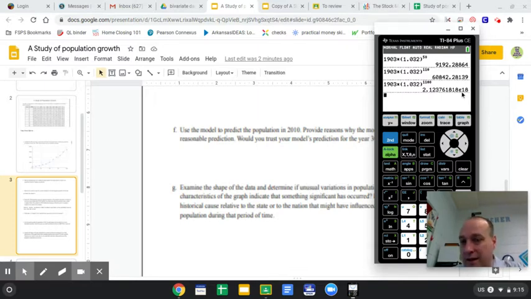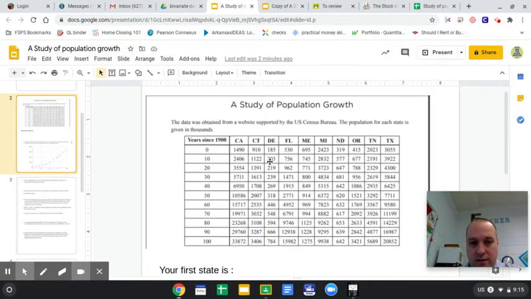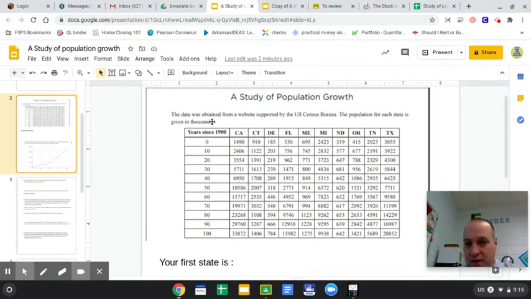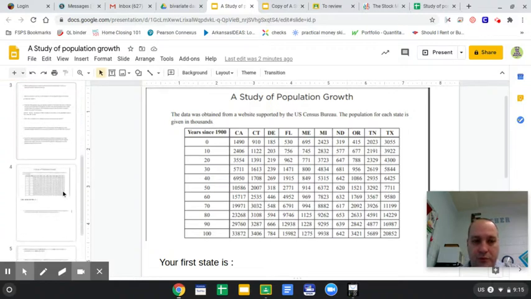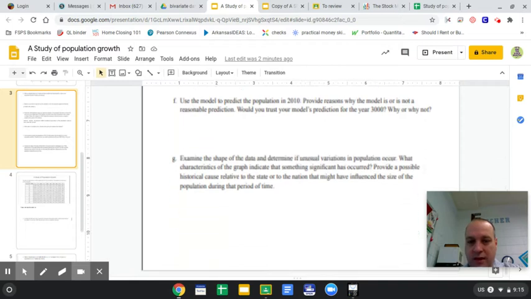E to the 18 over here just means, that's like scientific notation. That means you move the decimal place 18 spaces. So we're talking about a number that is really, really big, bigger than a trillion. A lot. So do I think that that's what's going to happen? I think it's going to be too big. Why? Because this one's really growing exponentially.